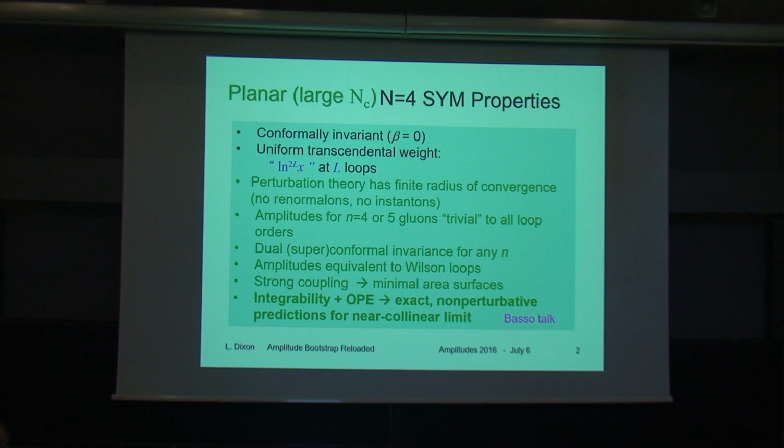And that in turn is related to the equivalence between amplitudes in this theory and Wilson loops. It also gives us a strong coupling handle where the Wilson loops at strong coupling can be evaluated in terms of minimal area surfaces. And then finally, at finite coupling, we have some amazing results from integrability and the operator product expansion. It gives us exact predictions in the near collinear limit, as Benjamin outlined on the first day of this conference.